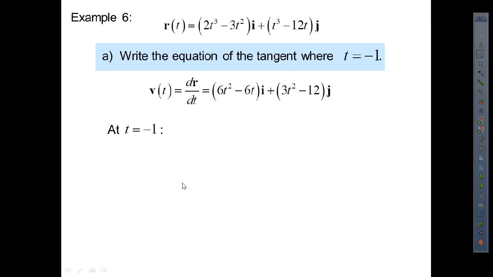So at t equals negative 1, r of negative 1, you plug that in and chug along, and you're going to get negative 5i plus 11j. That's the x and the y part. And the velocity at negative 1, otherwise known as the slope of this thing, is 12i minus 9j.